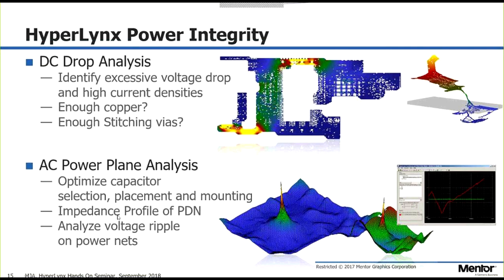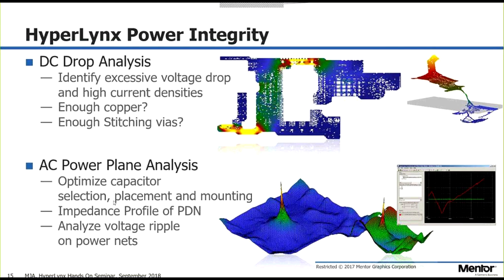Then we've got the additional set of tools under power integrity. There are two different aspects to that. One is the DC drop analysis. The idea here is, if my chips were pulling at their maximum power, how would the power plane react to that?